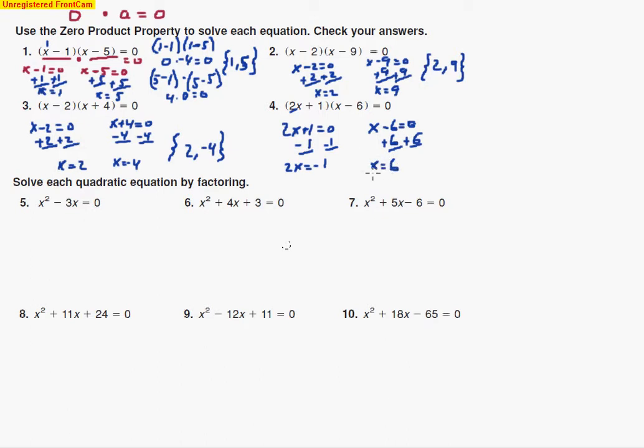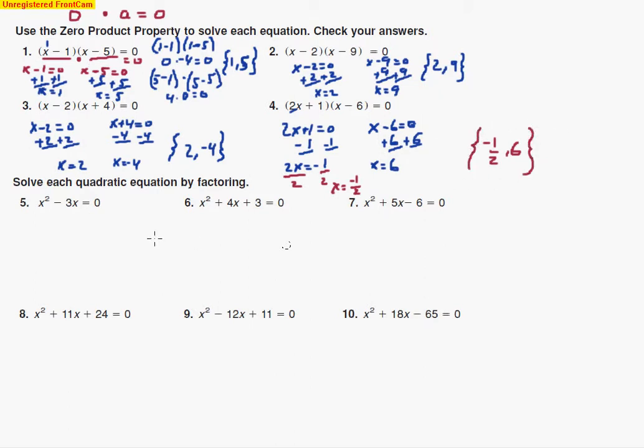This one's solved for us, but over here we have one more step. So notice that you end up having to divide by 2, and you have a fraction. Negative 1 over 2. So x equals negative 1/2. And so we write the answer as negative 1/2 comma 6. Oops, not a parenthesis though, definitely a brace, because this is a solution set, not an ordered pair.